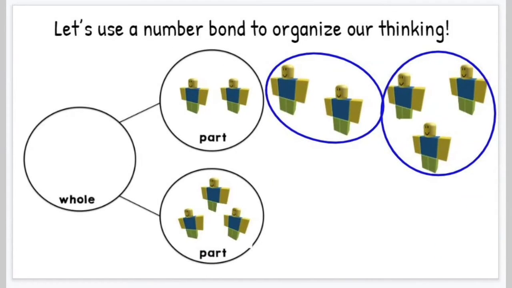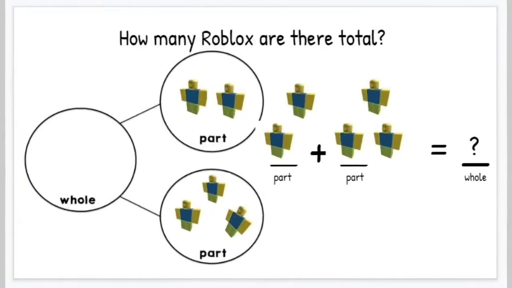Okay, let's use a number bond to organize our thinking. One part is 2 Roblox, and the other part is 3 Roblox. How many Roblox are there total?